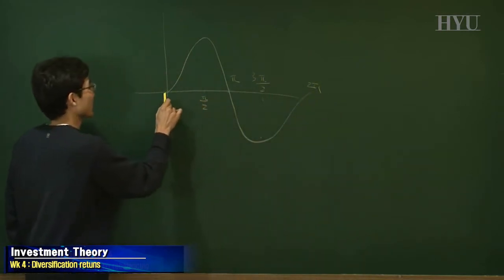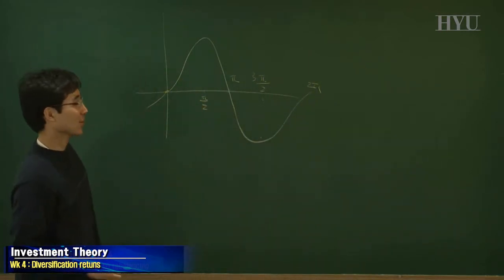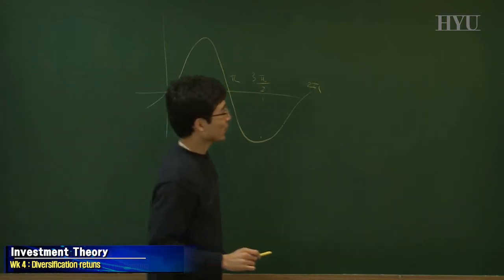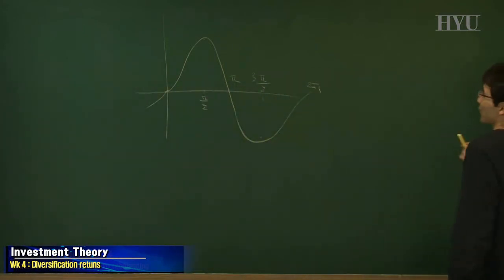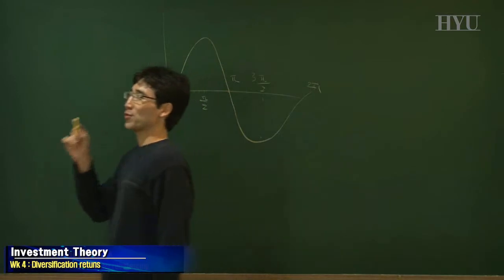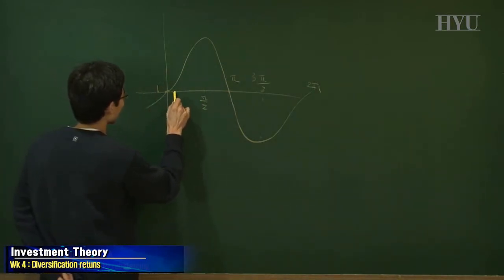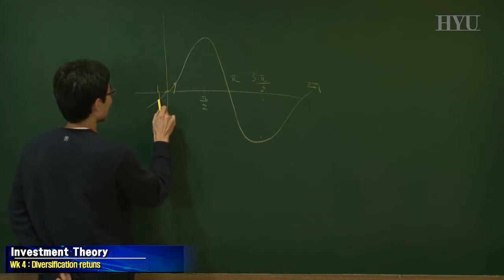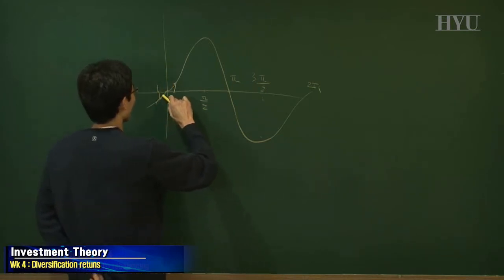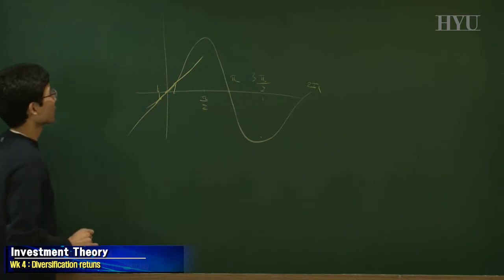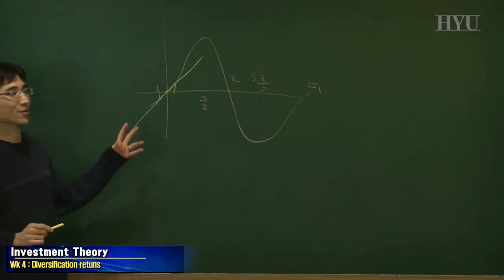And I want to do the differentiation about here, and to make the approximation, I set h equal to 0.1. So around this very small interval, I pick this point and this point. Then what I just computed is the slope of this line.